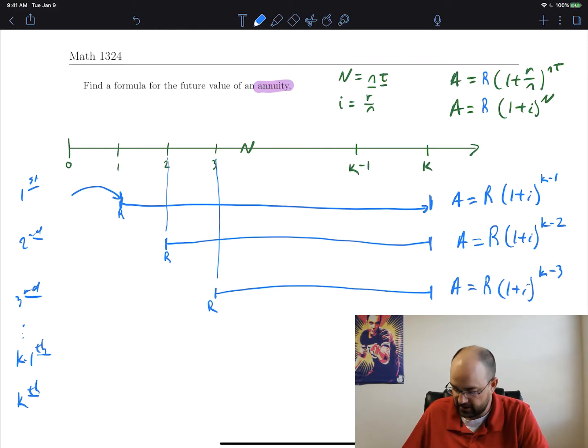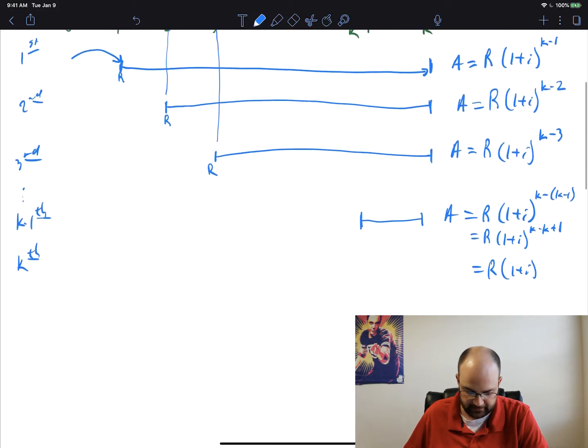If you distribute the negative value, that's going to give you the 1 plus I to the K minus K plus 1. And then K minus K, of course, cancels. And so we're left with R times 1 plus I to the first power, or just 1 plus I.